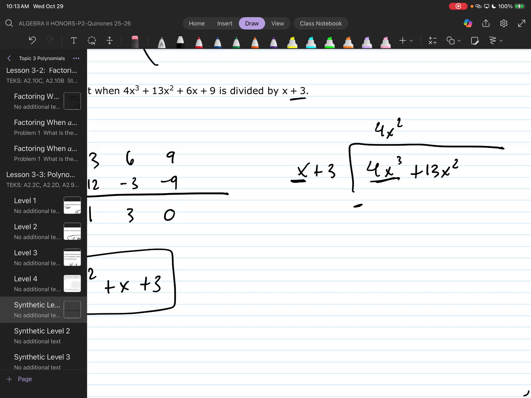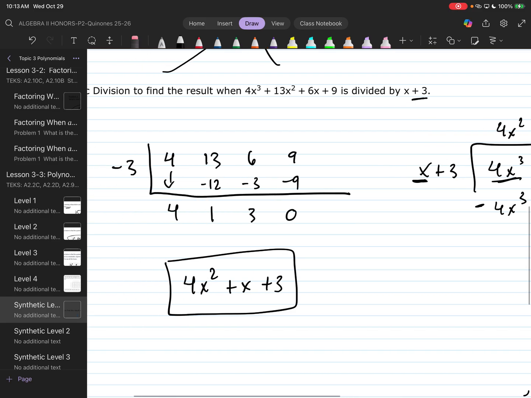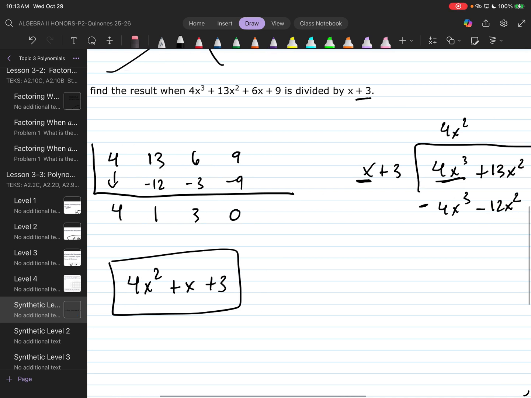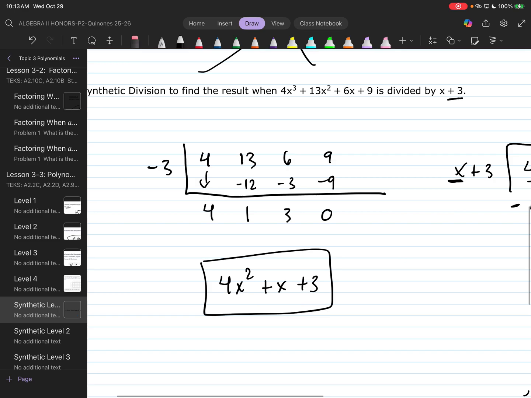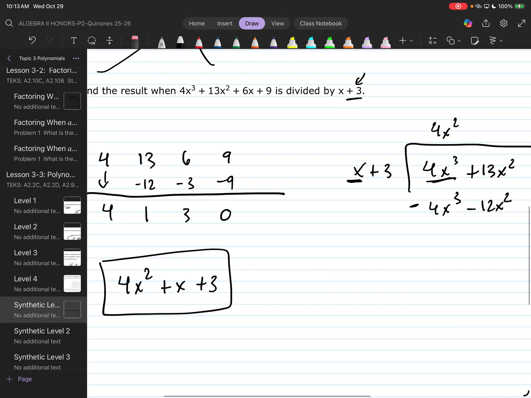So we subtract 4x cubed minus 12x squared. Notice how it's following this particular pattern, right? The reason is when we divide polynomials the long way, this ends up turning into the opposite of adding 3 when we're doing division. So we subtract, right?